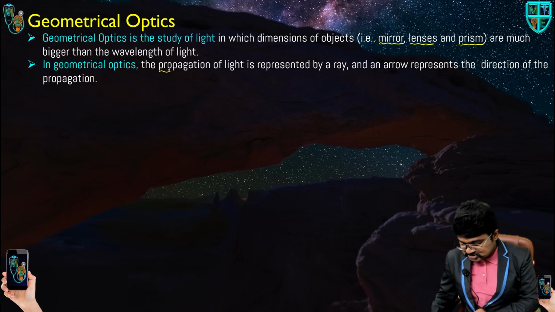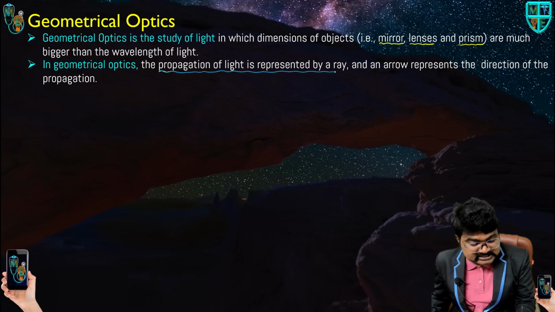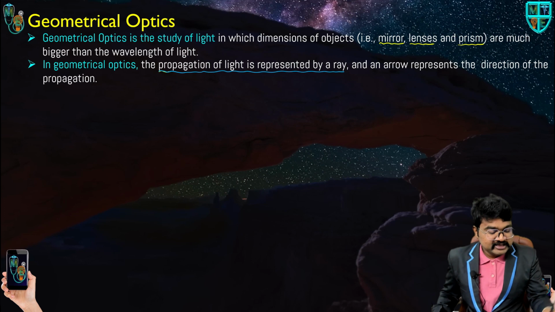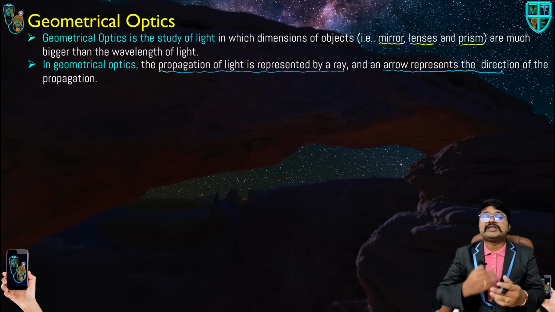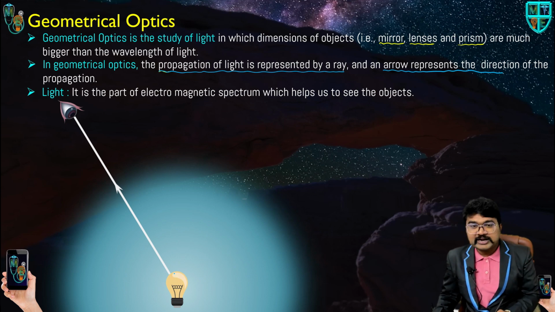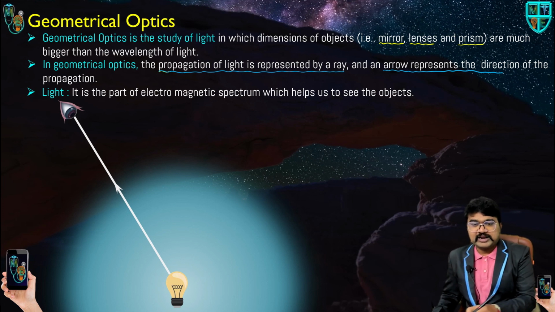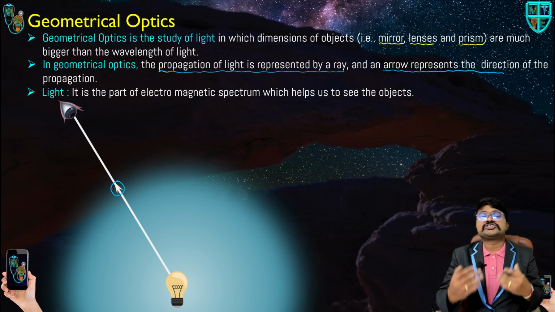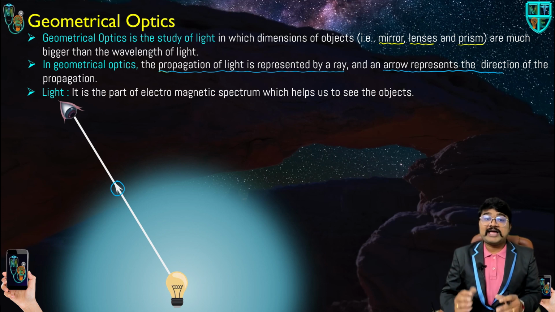The arrow represents the direction of propagation. In this particular ray, you will have an arrow. Just see here, this is the ray, coming from the light and incident on the eye, the observer. Okay? So here this is the ray. The arrow represents the direction of propagation. Generally the propagation of light is represented by a ray.